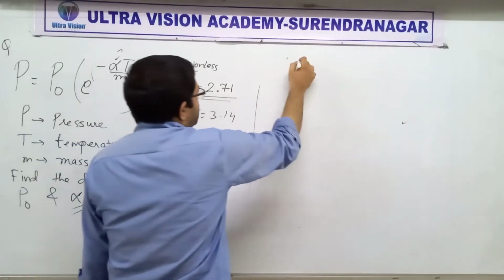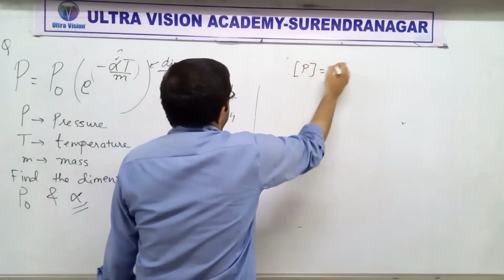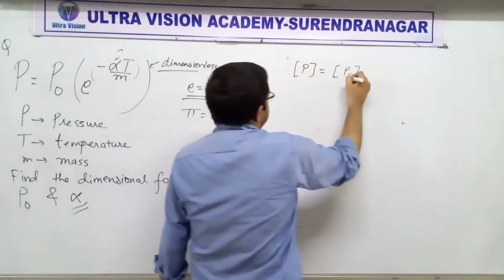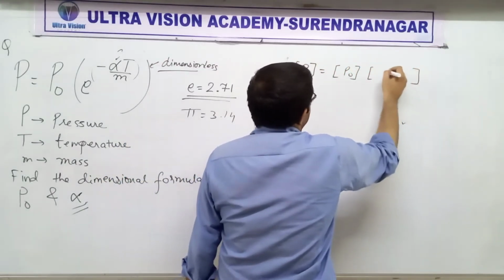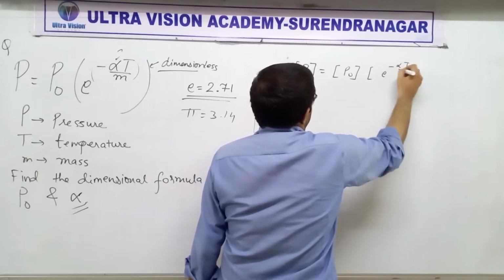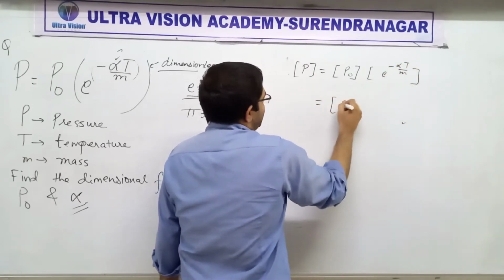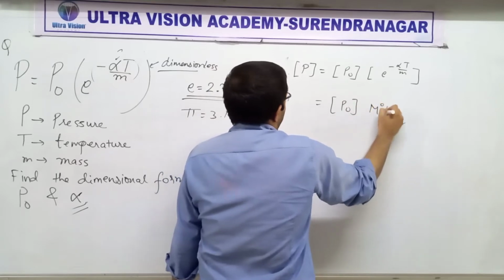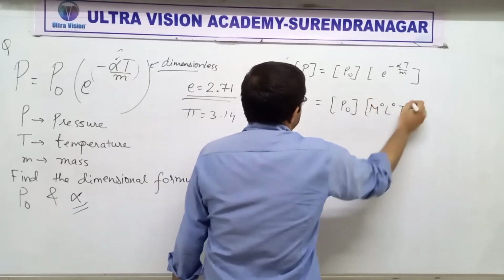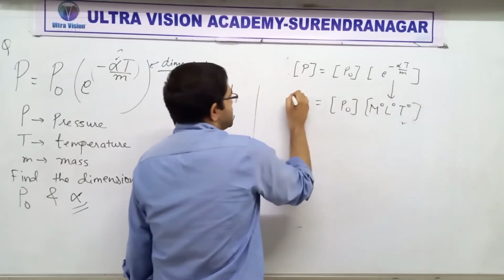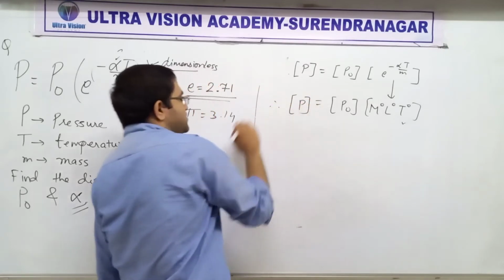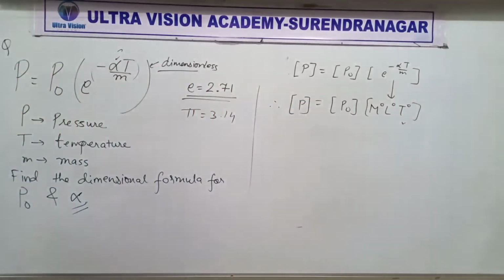So now, if I compare the dimensions on the left side and the right side, then I will get it as follows. Why? Because like I said, this is dimensionless. Is this understood?